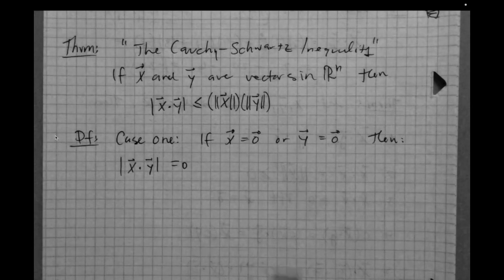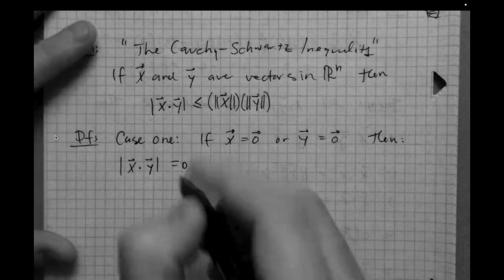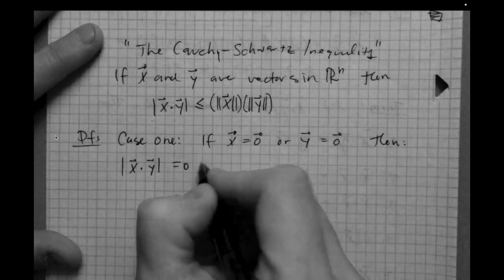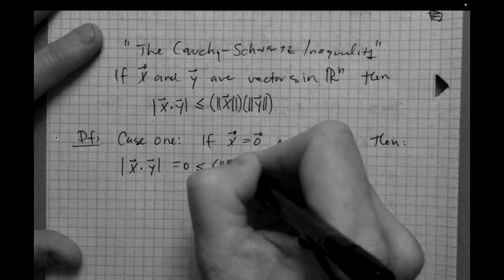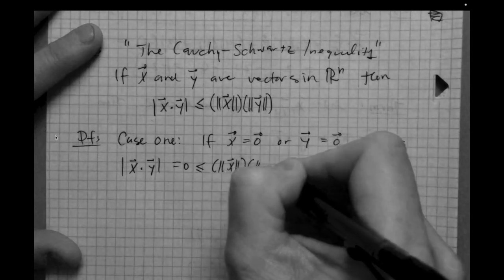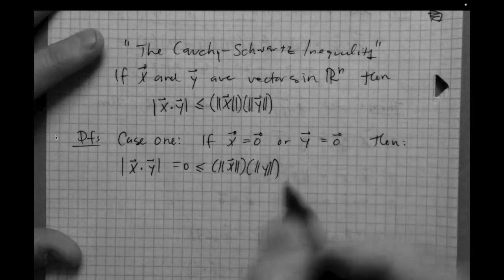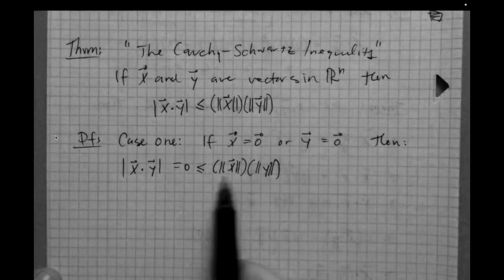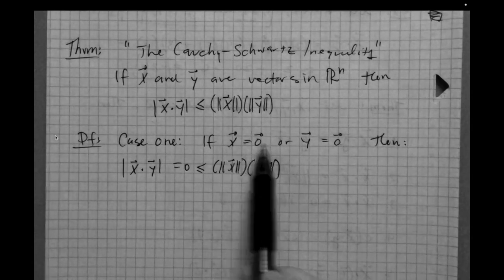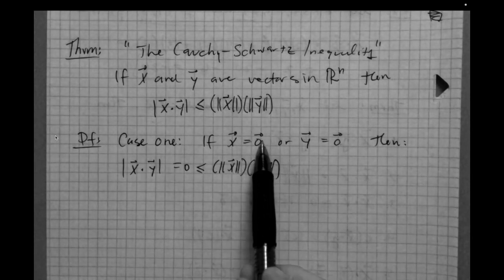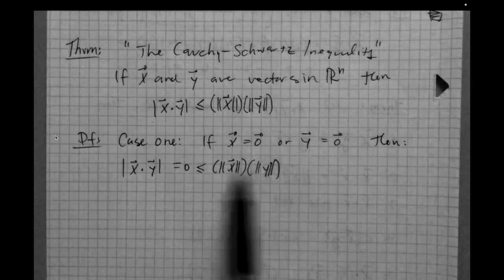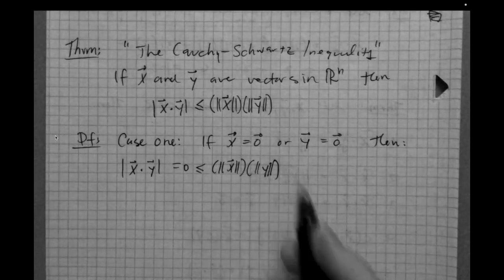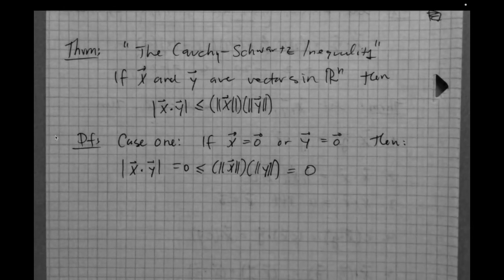So you just have 0 plus 0 plus 0, etc. And so in that case, that's going to be less than or equal to the product of the norms. If x is the 0 vector, then the length of x is 0, so this will be 0. If y is a 0 vector, this will be 0. Either way, one or both of these are 0, and so this has to be equal to 0.